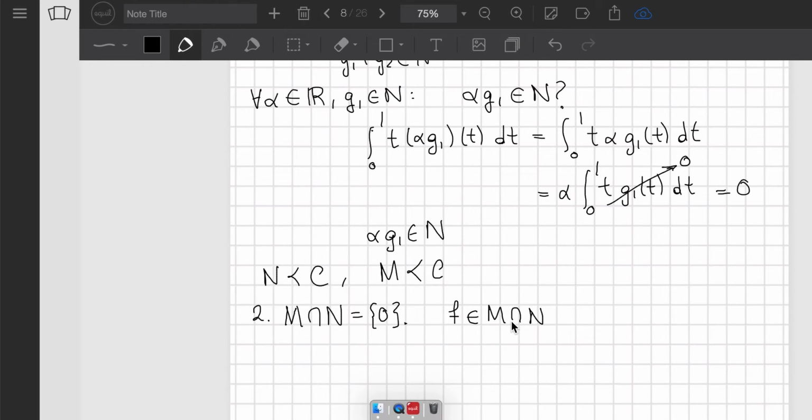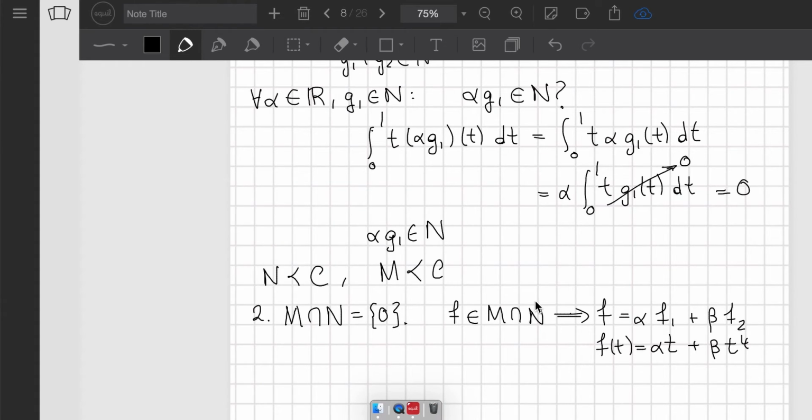What that means is f is equal to alpha f1 plus beta f2. Or in other words, f(t) is equal to alpha times f1, which we define to be t, plus beta times f2(t), which we define to be t to the fourth.